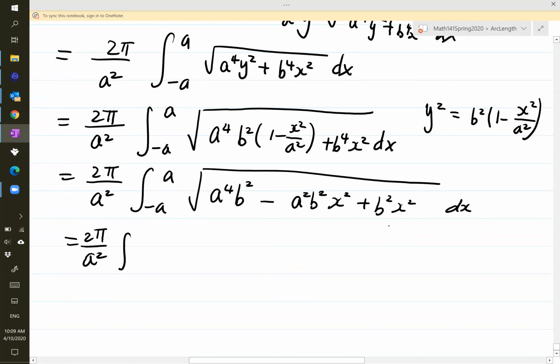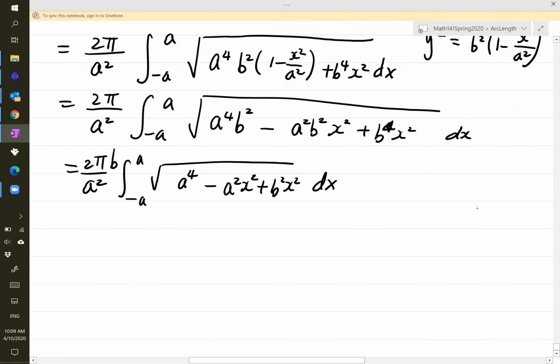Okay, so we can factor out b, since b appears everywhere. So factor out b, put it here. So this will be negative a to a, a power 4 minus a squared x squared plus b squared x squared dx.